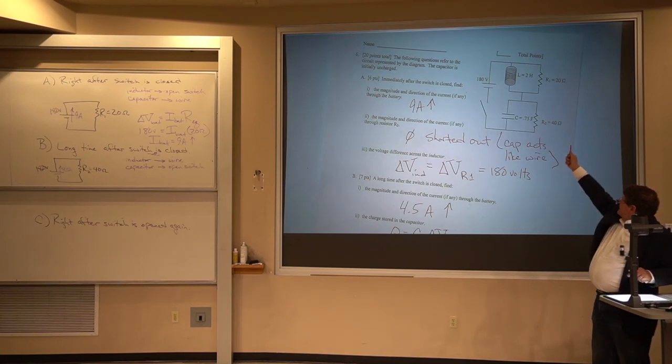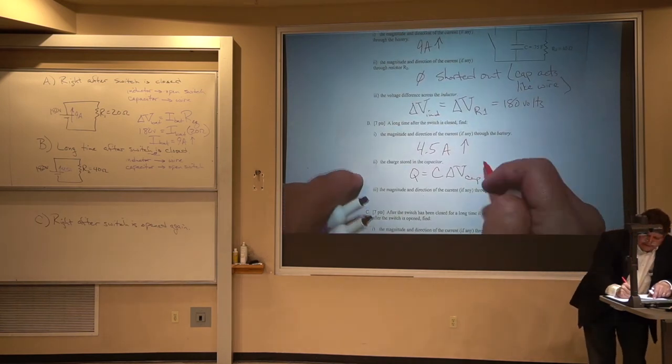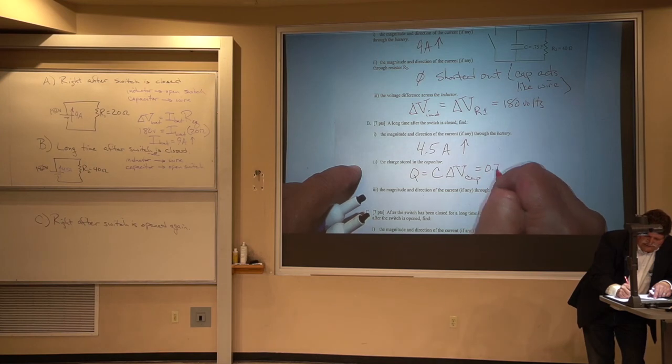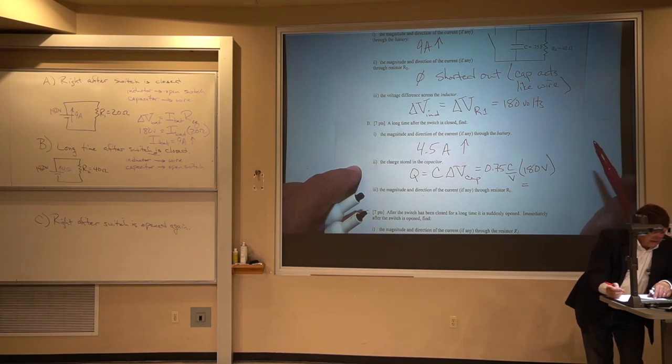The inductor is acting like a wire, and that means the full 180 volts has to be across the capacitor. So that's going to be 0.75 coulombs per volt, that's a farad, times 180 volts, which is 135 coulombs.